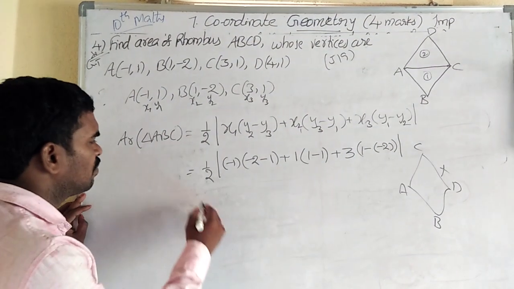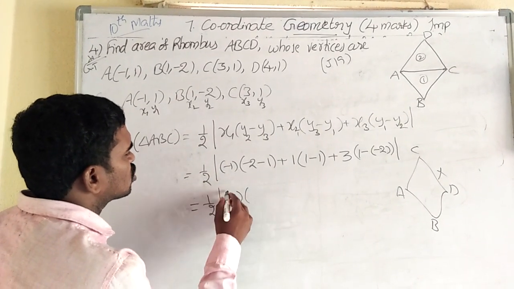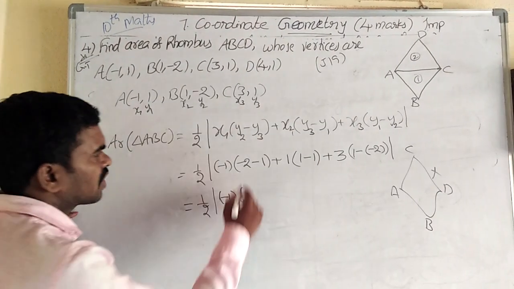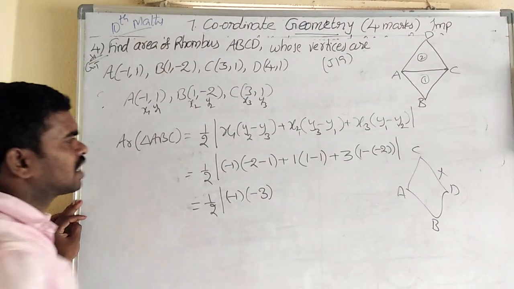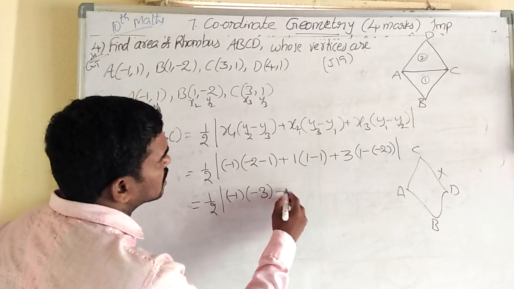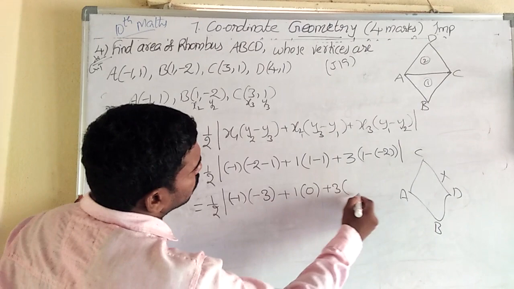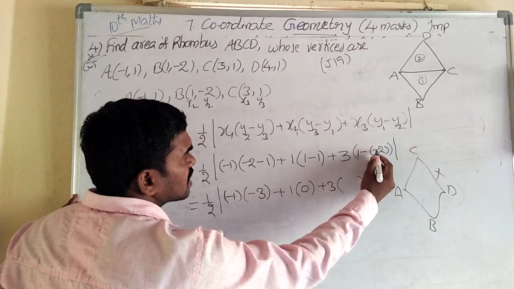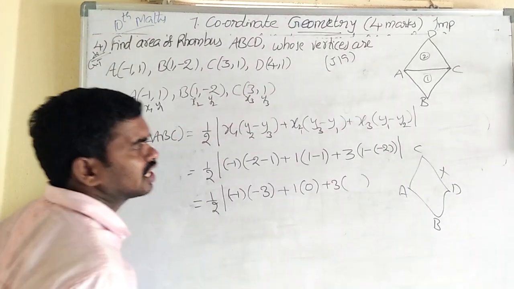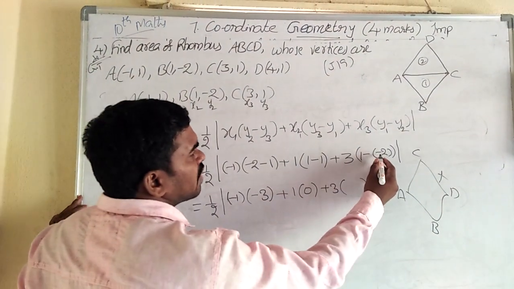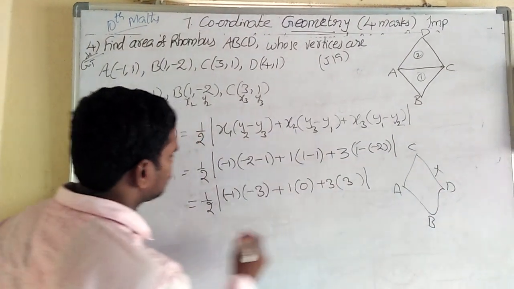Okay? I am going to simplify. 1 by 2 into, first minus 1 write as it is. First preference to brackets. Minus 2 minus 1 how much? Minus 3. Both are negative terms, so the total becomes minus 3. Plus 1 into 1 minus 1 is 0, plus 3 into, here in between minus and minus, bracket is there, so minus into minus becomes plus, so 1 plus 2 becomes 3.